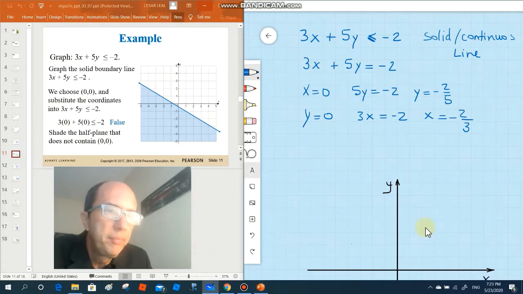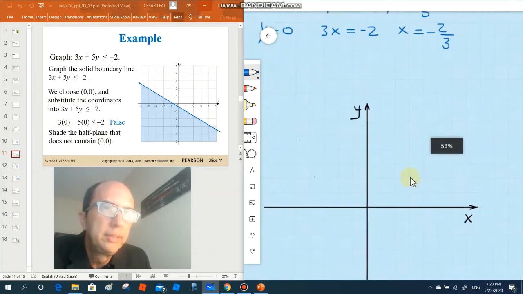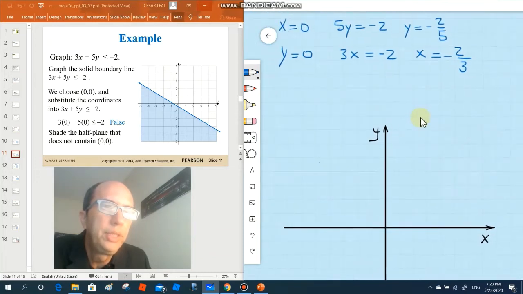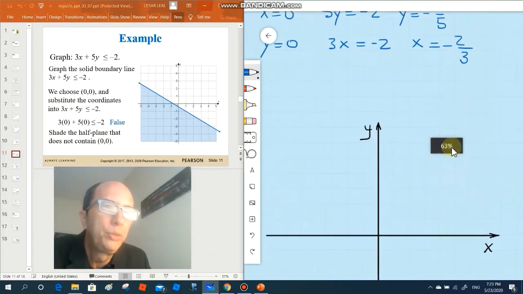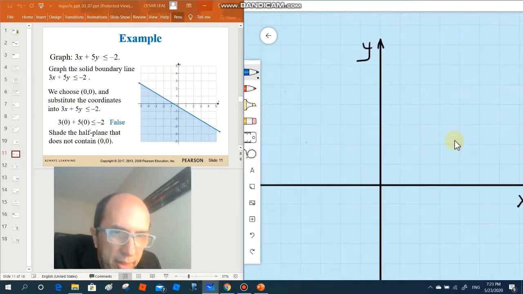Let's go to the coordinate system and plot this. We have x equals 0 and y equals negative 2 over 5. Here is negative 1. Okay.